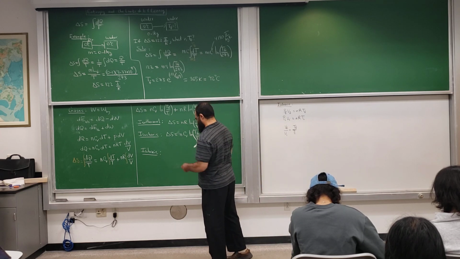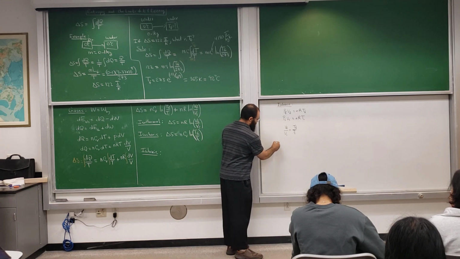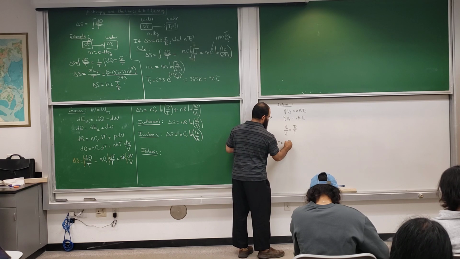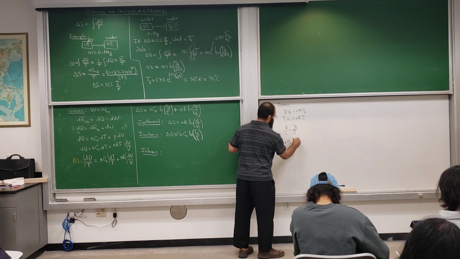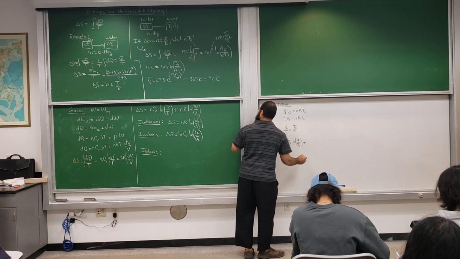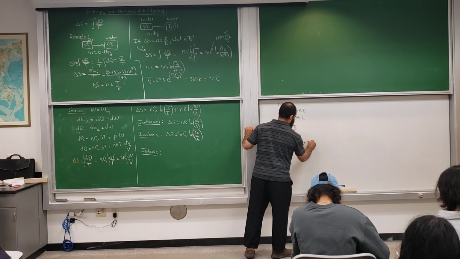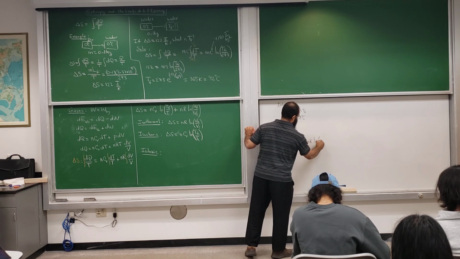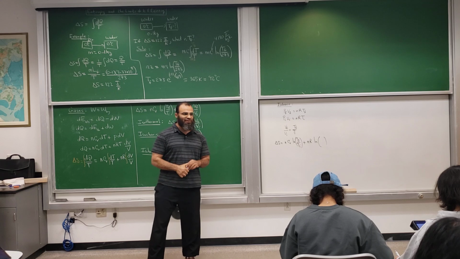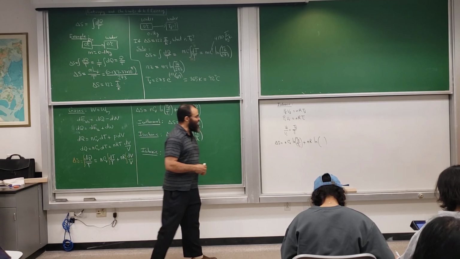So I have delta S equal to n C_V ln of T final over T initial plus nR ln of V final over V initial. What should I replace it by? V final over V initial is T final over T initial.